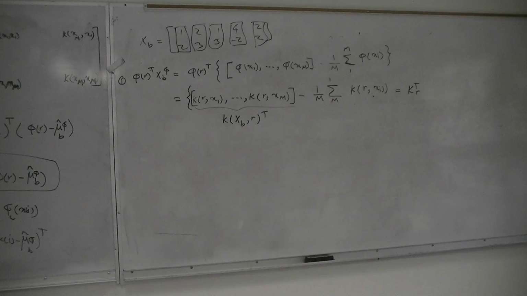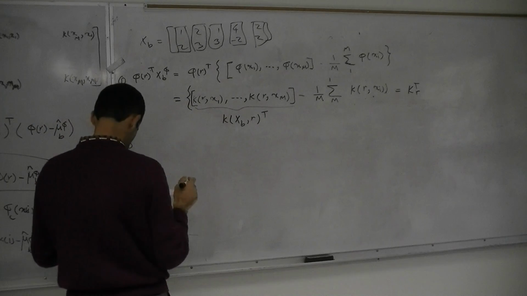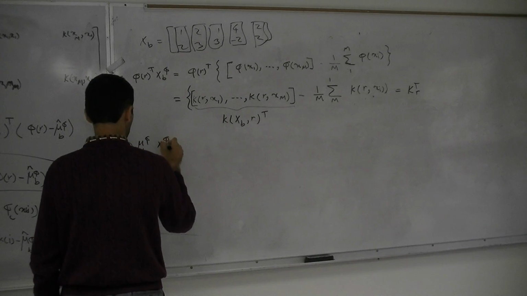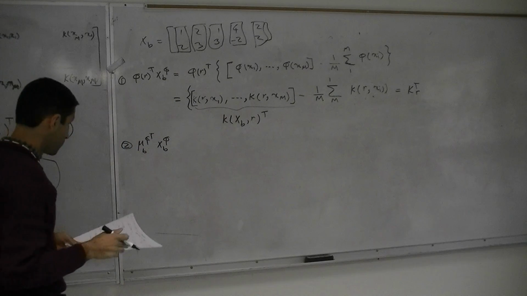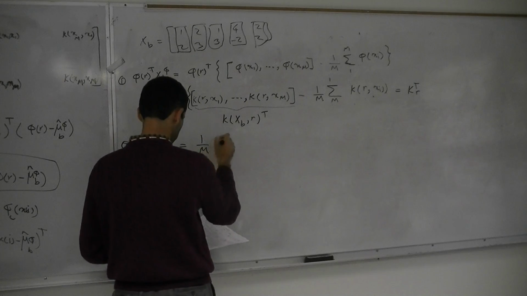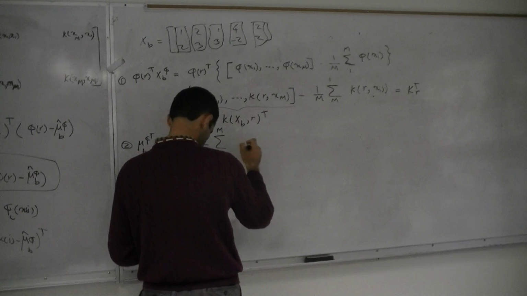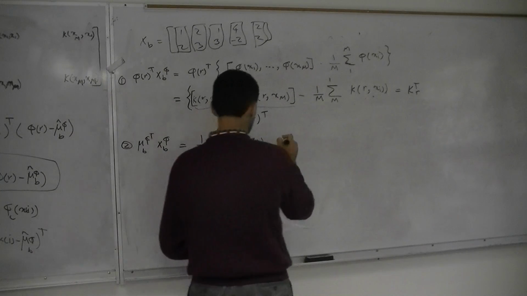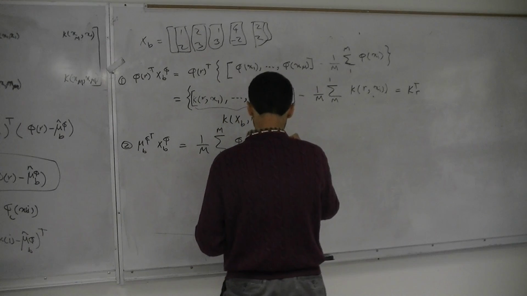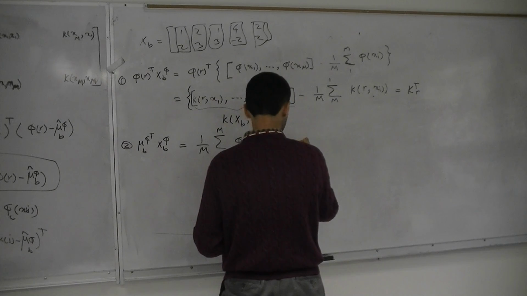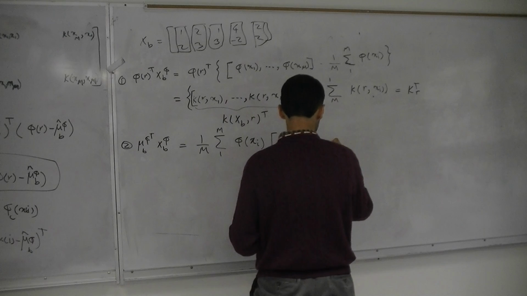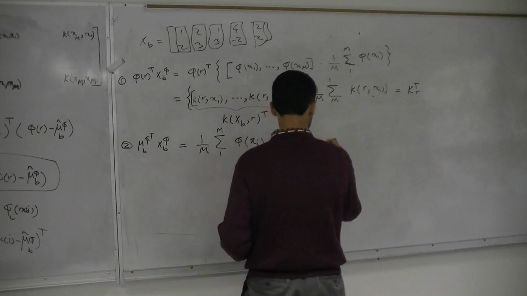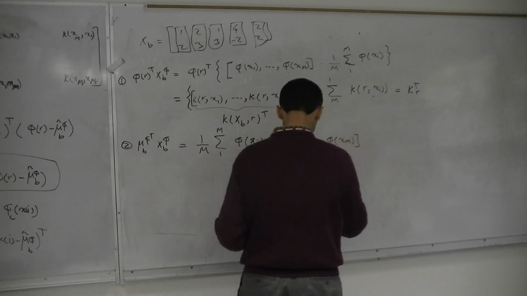Okay, and here for the second one, mu phi is 1 over n, the sum from 1 to n of phi xi, and for this one it's all possible data, x1 to xn.